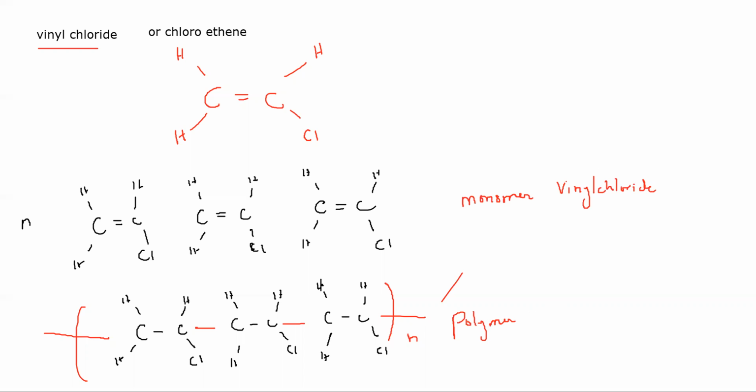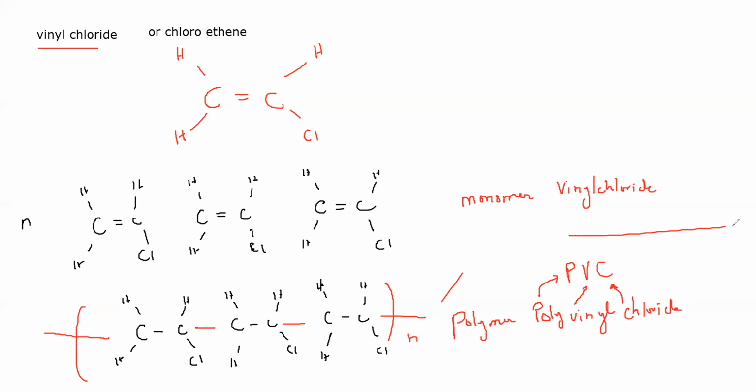The name of the monomer is vinyl chloride, but we will also have to see the chloroethane. So it will be polyvinyl chloride. And maybe you have seen some of the pipes, they write PVC pipes. What is PVC? Actually, PVC is polyvinyl chloride.